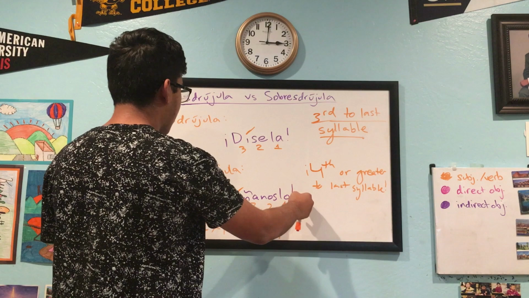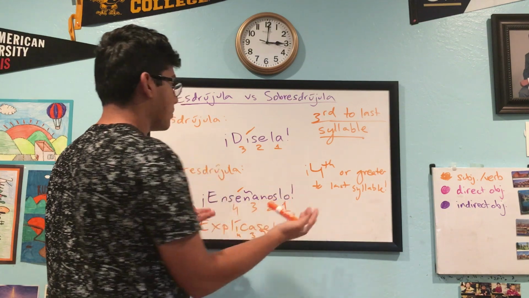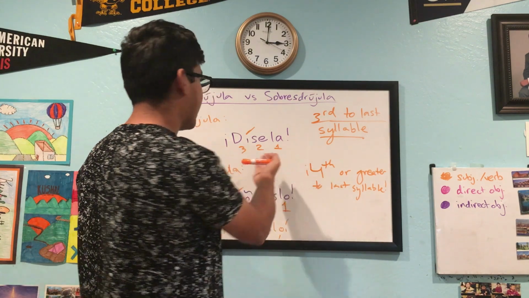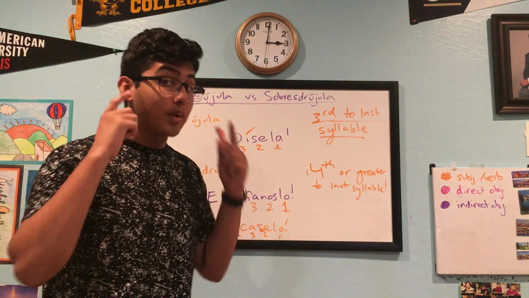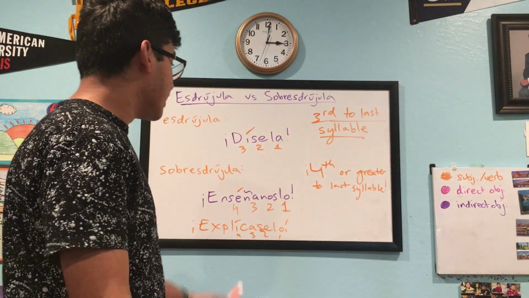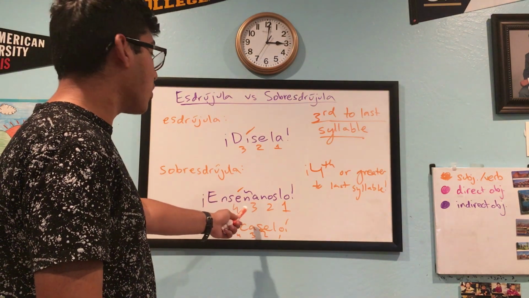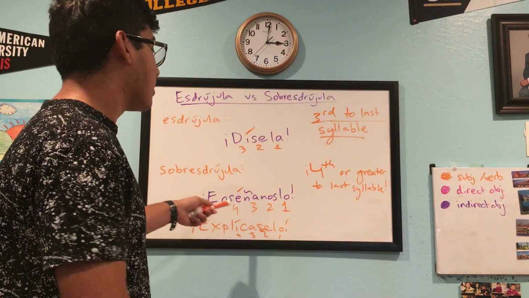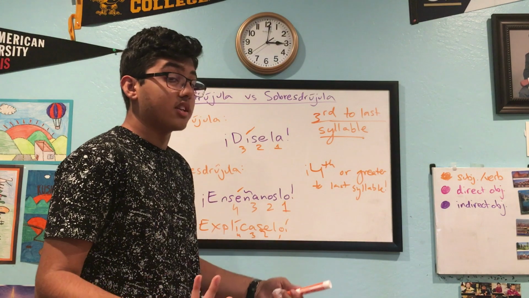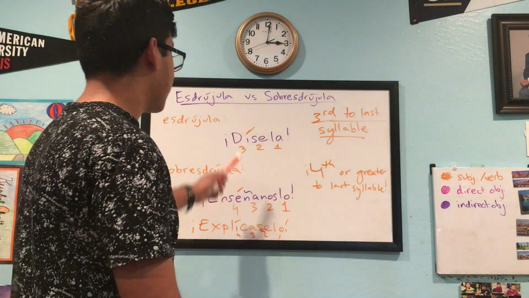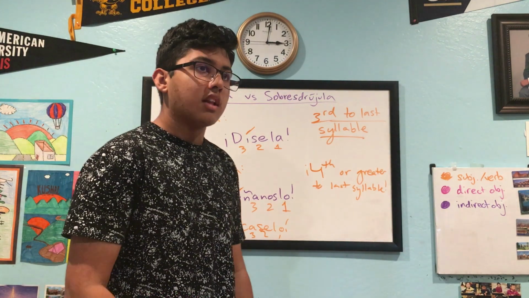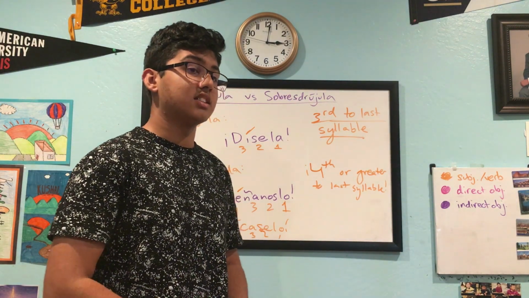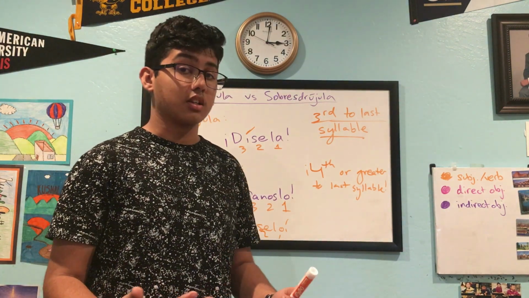These are usually on longer ones because there is no fourth syllable in the shorter ones, so it has to be esdrújula. The best way to memorize is just by hearing them in conversation. If you just say enséñanoslo, it'll sound like enséñanoslo, not enseñanoslo. You'll never hear that in conversation. Dísela, not disela, something like that. That's how you really memorize accents. It's just a pronunciation thing.